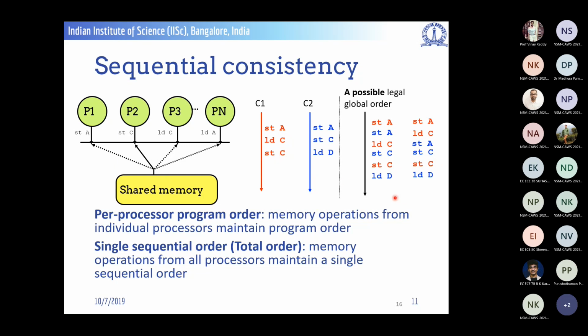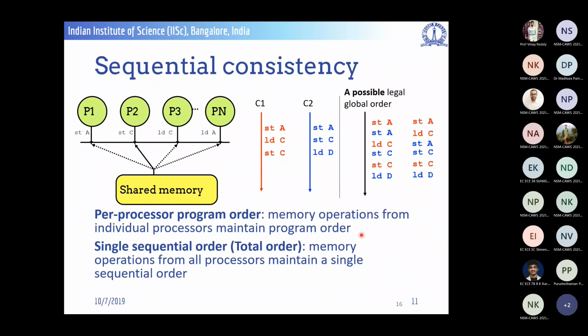This is also sequentially consistent, because again there is a global order of all load stores, and in that the instructions from each thread appear in the program order of each of these threads. So this is sequential consistency. Remember one thing: when we are talking about the memory consistency model, we are talking about load stores coming from each thread and their program order.